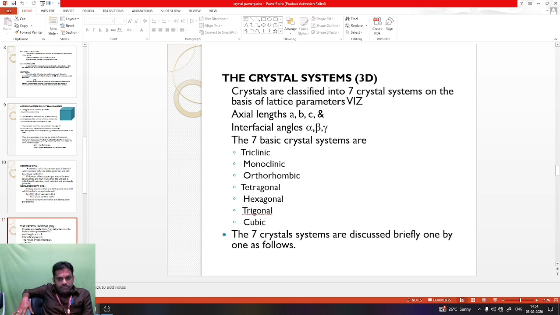These 7 systems vary with respect to the lattice parameters a, b, c and alpha, beta, gamma. They are triclinic, monoclinic, orthorhombic, tetragonal, hexagonal, trigonal and cubic. So these are the 7 crystal systems available.